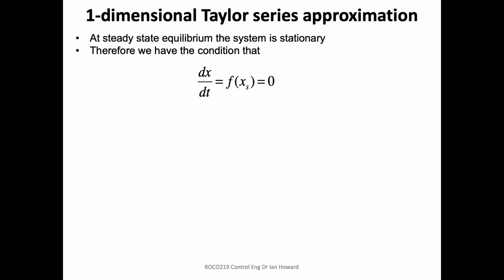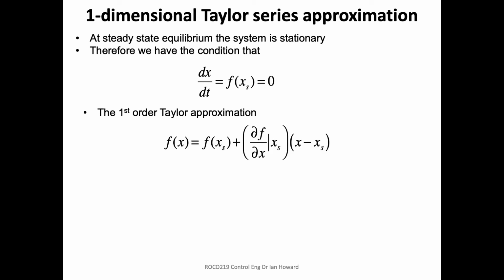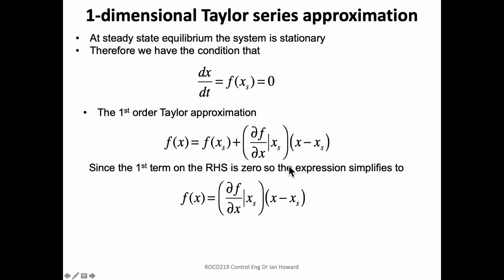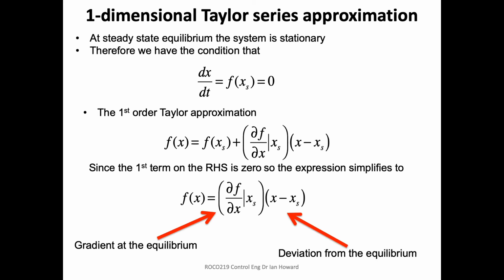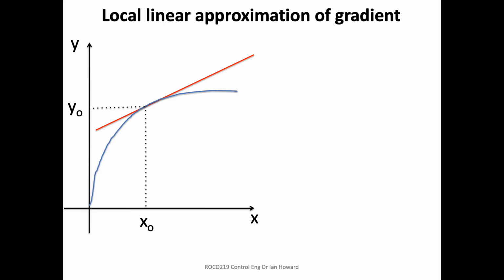So we've already said that dx dt is going to be 0 at that point. So our first order Taylor approximation loses its f of xs term, right? We end up with an expression saying our function is now given by the gradient at the equilibrium position multiplied by how far we are away from it. And that's very important: gradient at equilibrium, deviation from equilibrium.